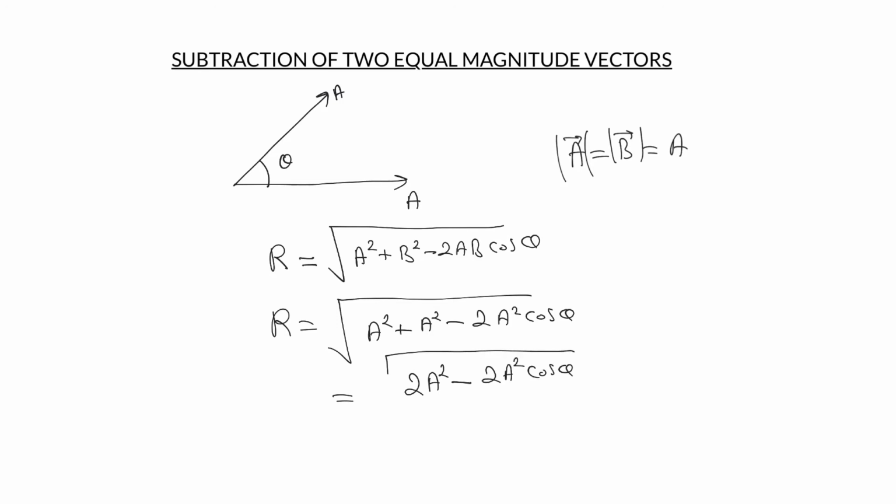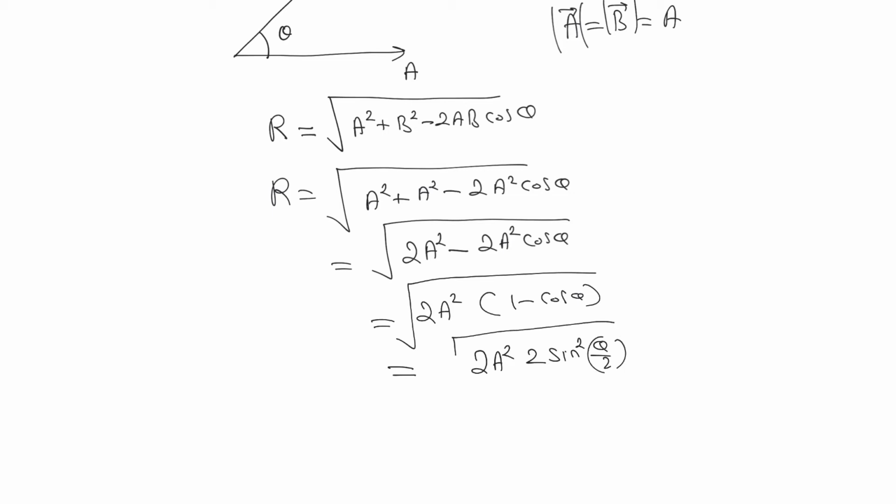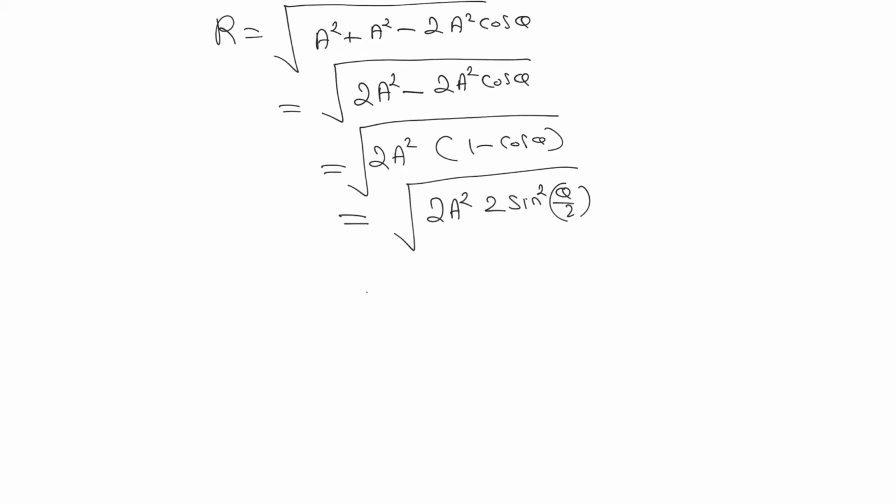Taking 2a squared common, it is 2a squared into (1 minus cos theta). We already discussed that 1 minus cos theta can be written as 2 sine squared theta by 2. Taking the root, this equals 2a sine theta by 2.